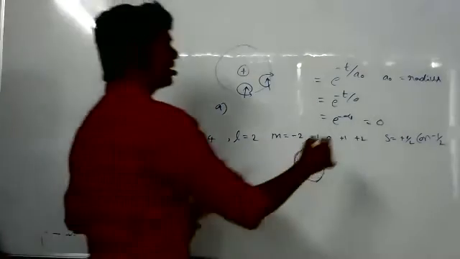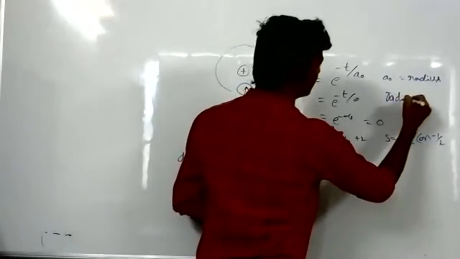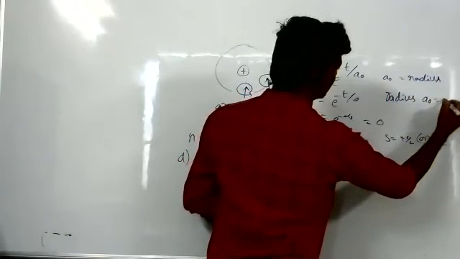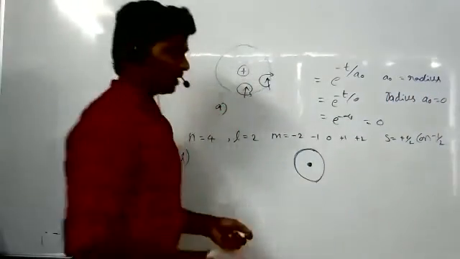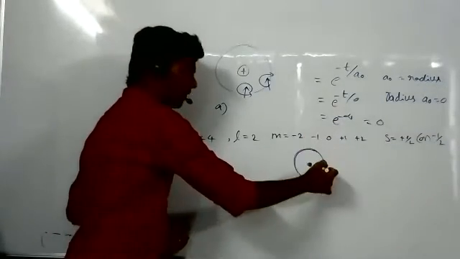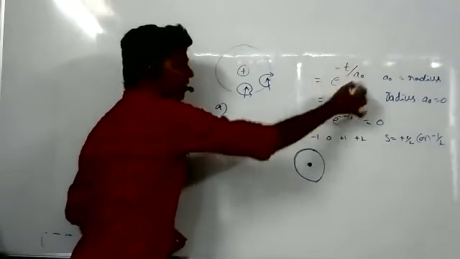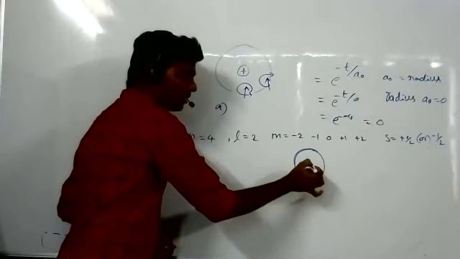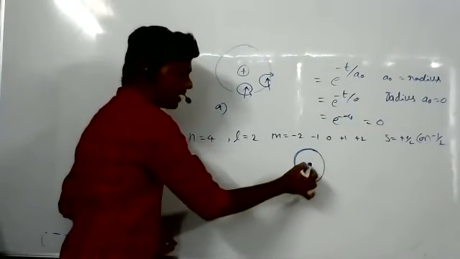So here we are taking the radius as 0. Can you explain this once more? See, they're asking about the probability of finding the electron. In case of any orbit, we can use this formula, but if it is present at the nucleus, the radius becomes 0.